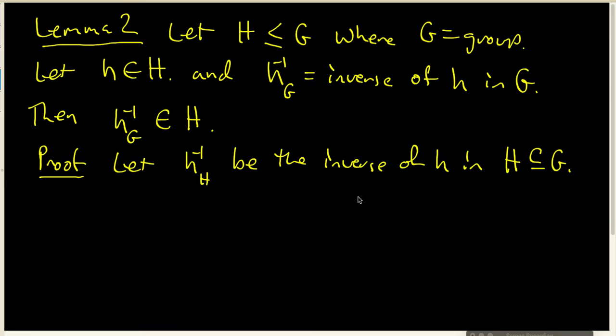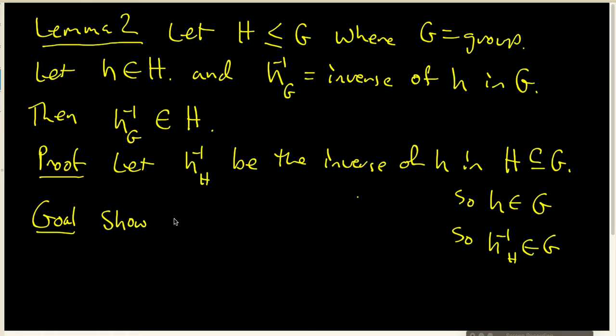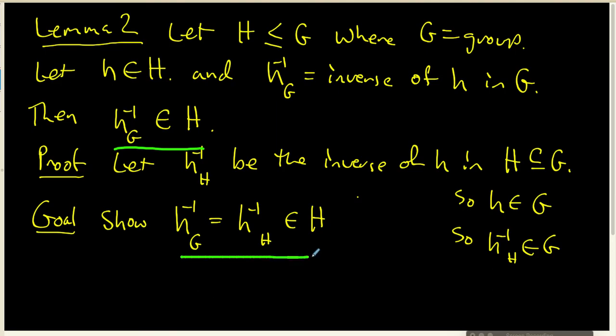So I do know that h is inside capital G, and I also know that h inverse sub H is inside capital G because it has got to be inside capital H. My goal is to show that the inverse inside capital G is equal to the inverse inside capital H, and this is known to be inside set H, and that will force what I want in my conclusion of my theorem.